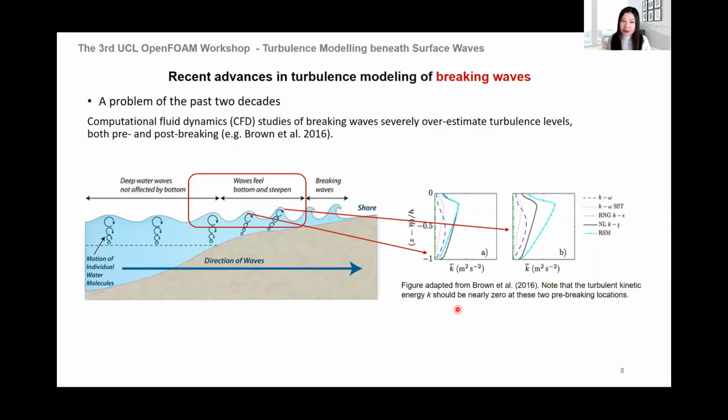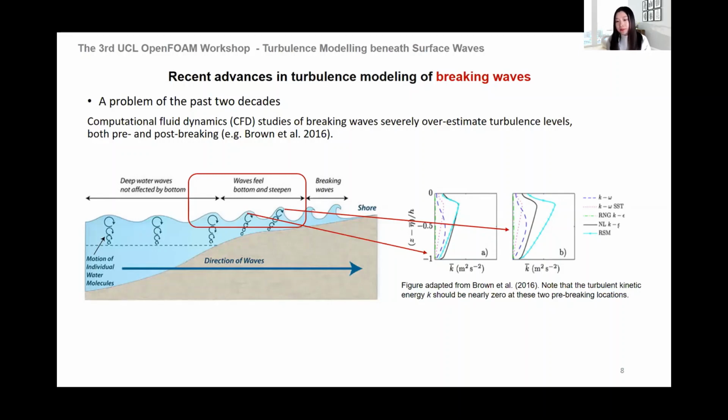So this will further pollute this region and induce over-prediction of turbulence in the whole domain. It will also lead to inaccurate prediction of breaking points, and the undertow velocity will not be accurately predicted.